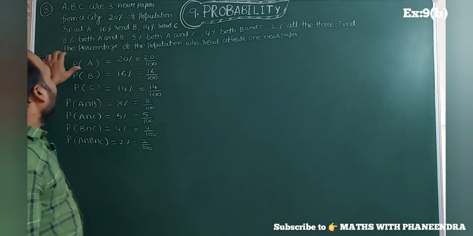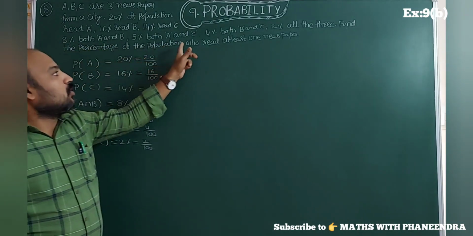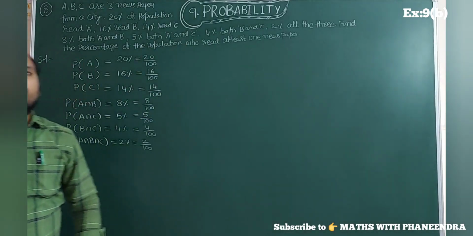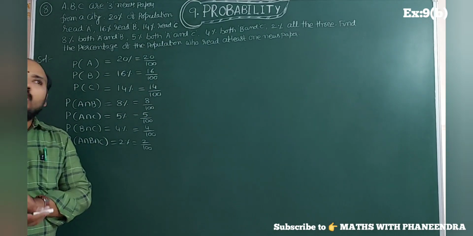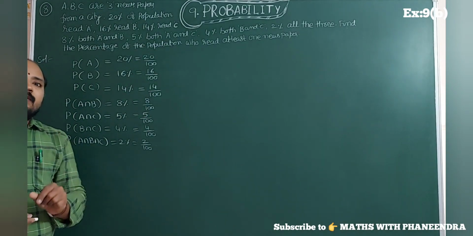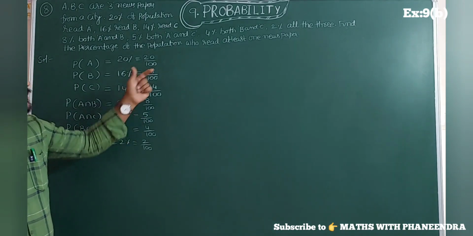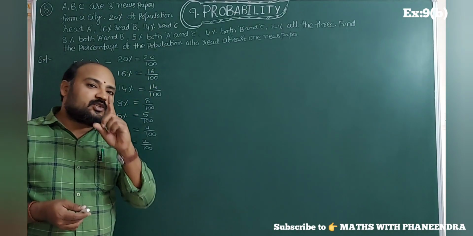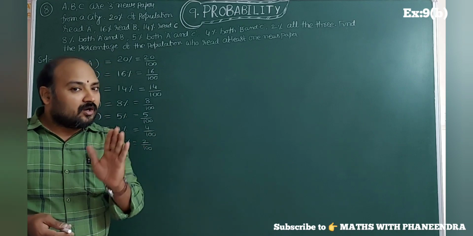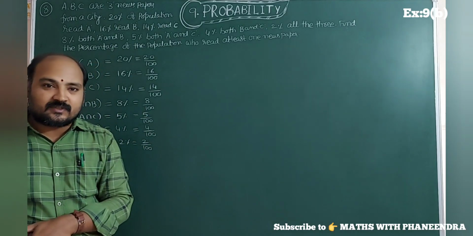Find the percentage of the population who read at least one newspaper. First you have to know the meaning of at least one newspaper: either one or two or three papers.